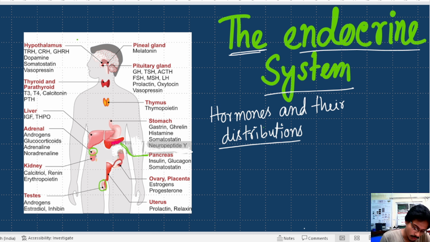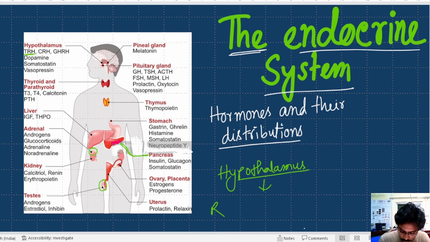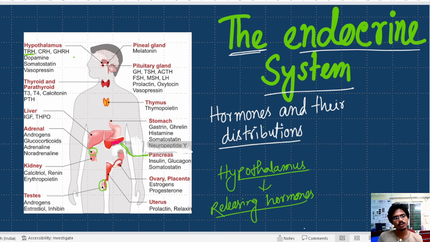In the hypothalamus, most of the releasing hormones are released, like thyrotropin releasing hormone, corticotropin releasing hormone, gonadotropin releasing hormone, along with dopamine, somatostatin, and vasopressin. These are the hormones released from the hypothalamus.